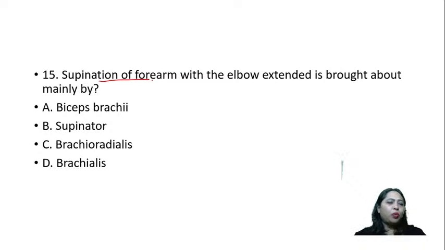Yes, you have to ignore the one which is completely wrong, doesn't make any sense, because supination is brought.